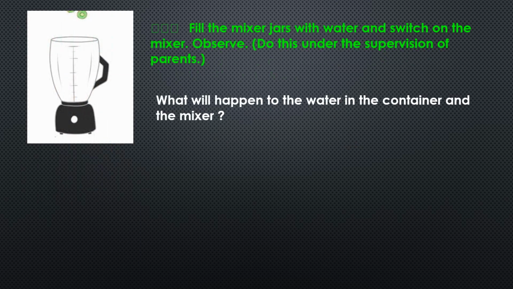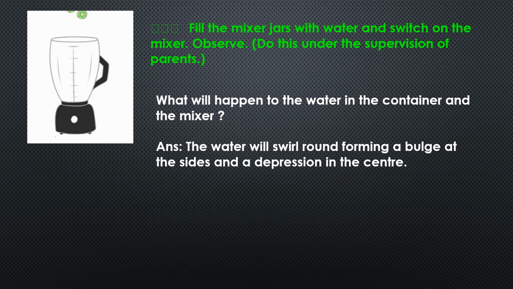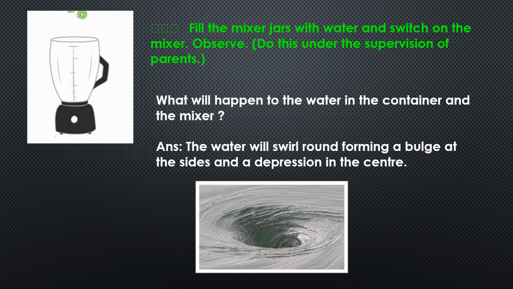Now, if a mixer jar is filled with water and we switch on the mixer, what will happen to the water in the mixer? The water in the mixer will swirl around, forming a bulge at the sides and a depression at the center, just as it is shown in the picture.